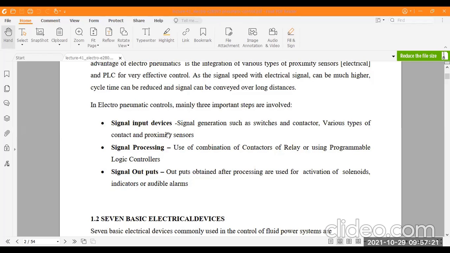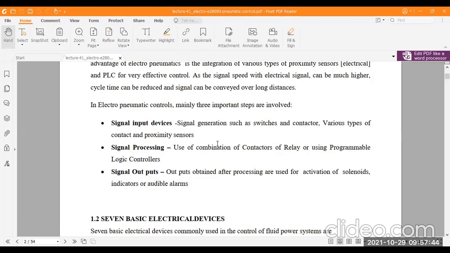Another one. This electro-pneumatic controller is mainly classified into three important steps. First one is signal input devices.